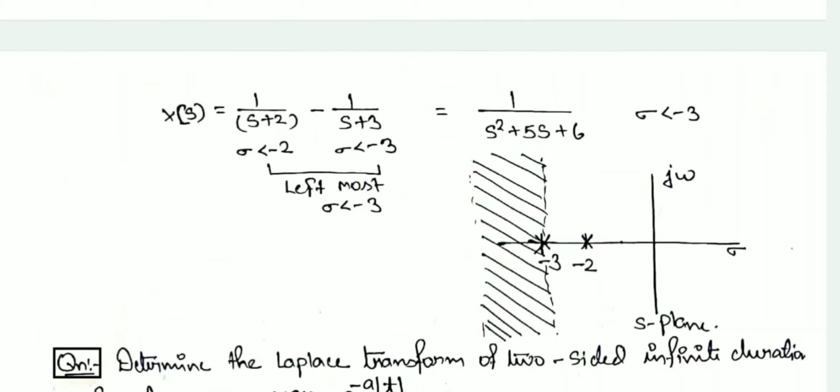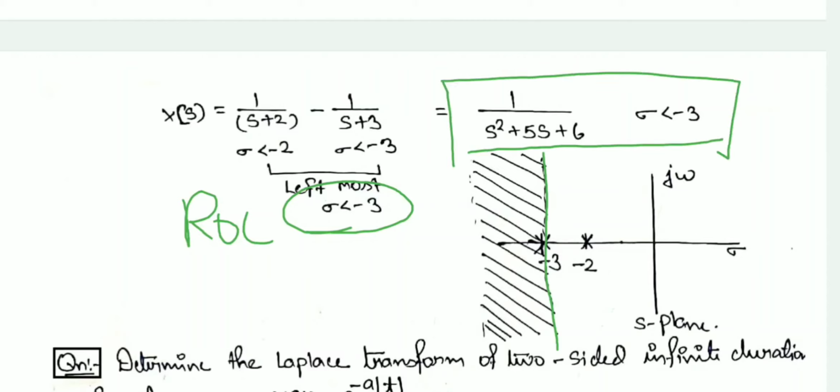Therefore, the only possible choice is to take the leftmost value of sigma. So the overall ROC becomes sigma less than -3. Then our value is this. I hope you don't face any problem, because it follows the property of ROC, and you also understand the property of ROC.